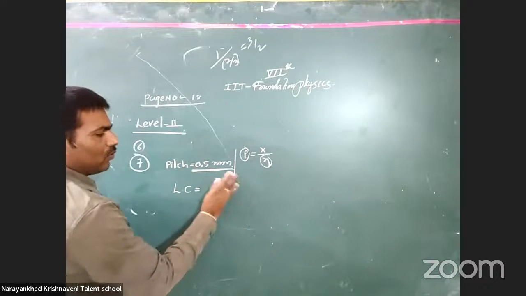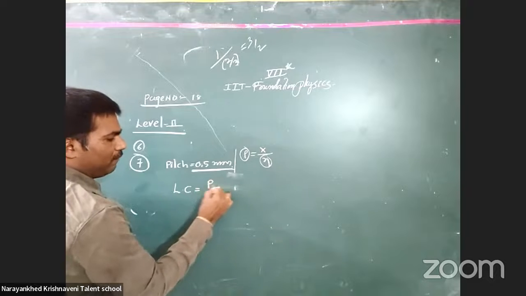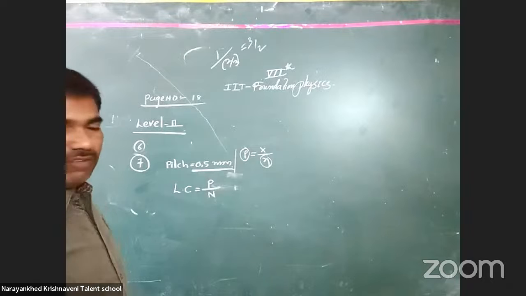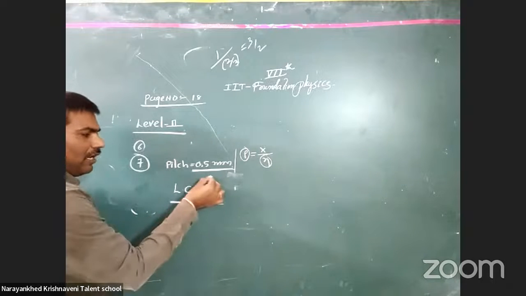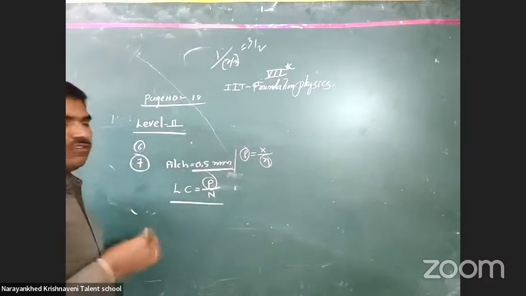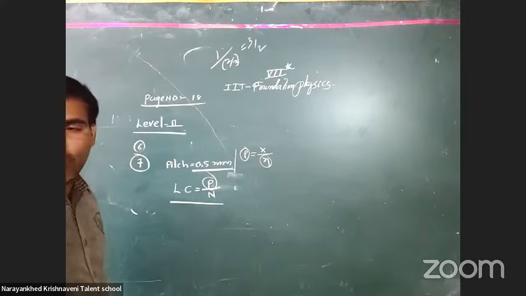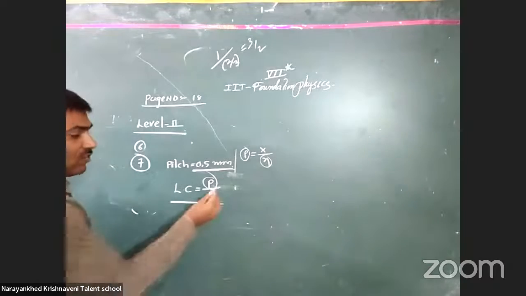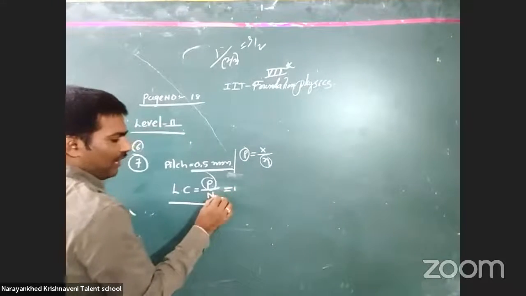Least count is equal to P by n, the formula we have here. Already we have the pitch of the screw, that is 0.5 mm. We don't know the value of the number of head scale divisions, but for this pitch of the screw, we require the n value.